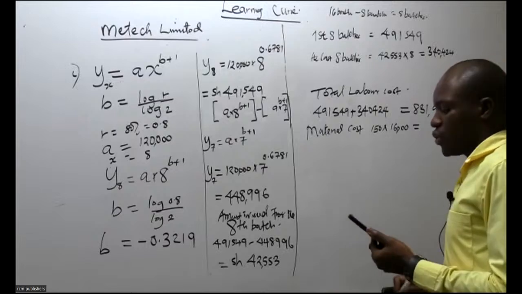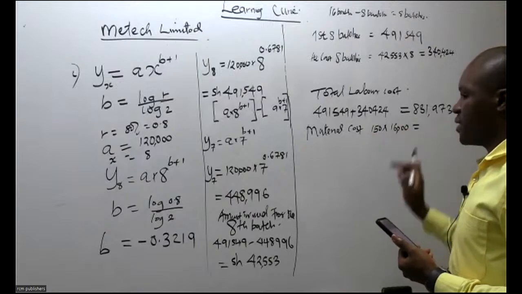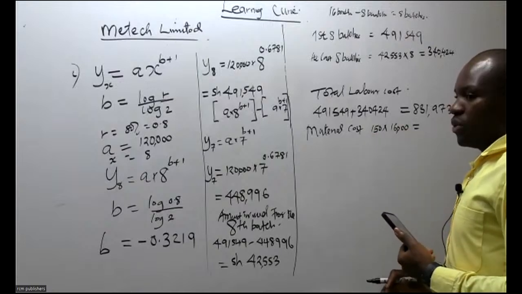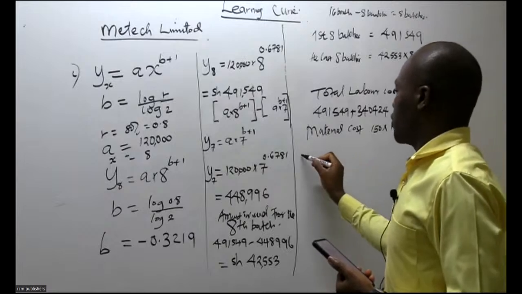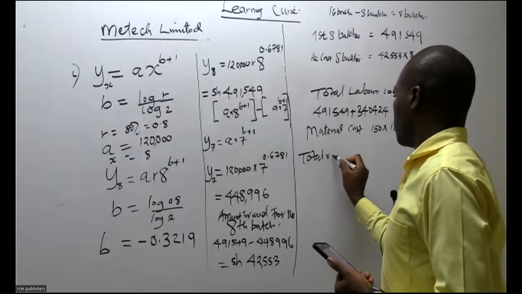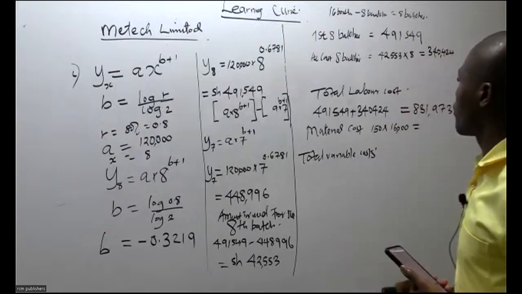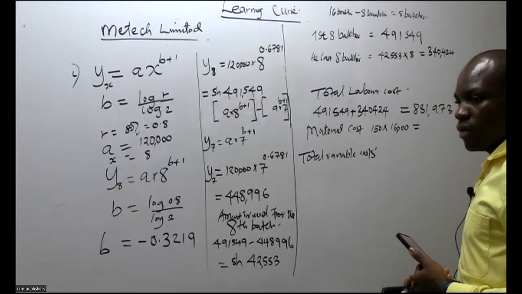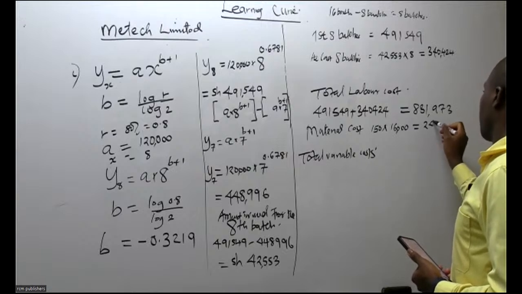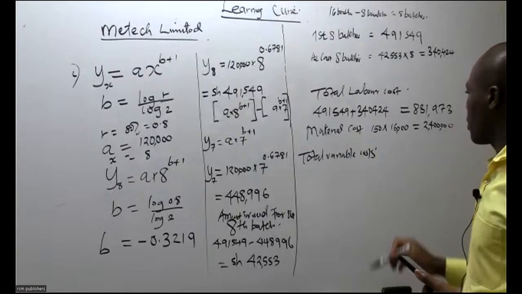So how much will be our total material cost? 150 by 16,000. What will be our total material cost? 2,400,000. That is our total material cost.